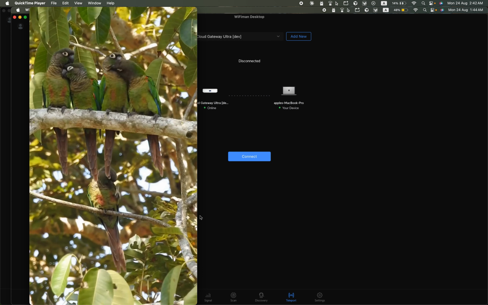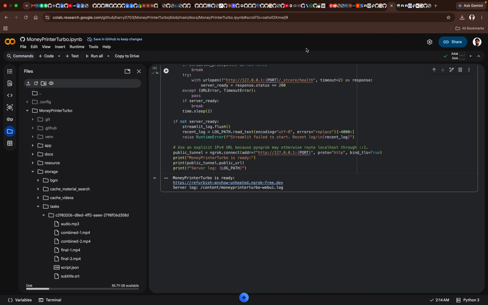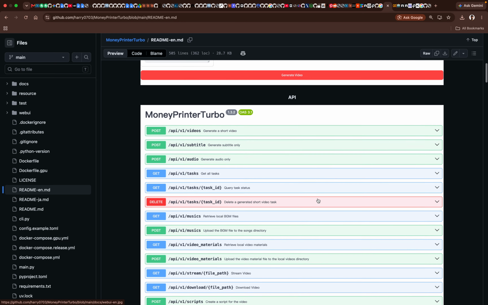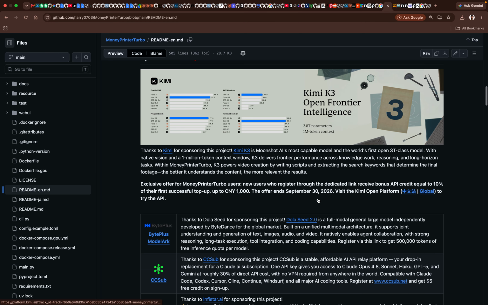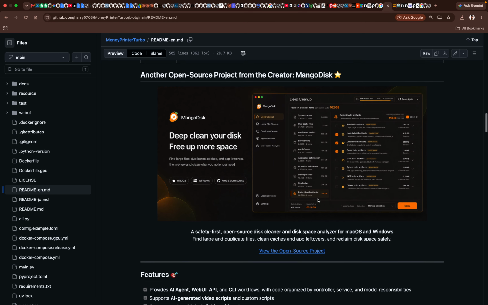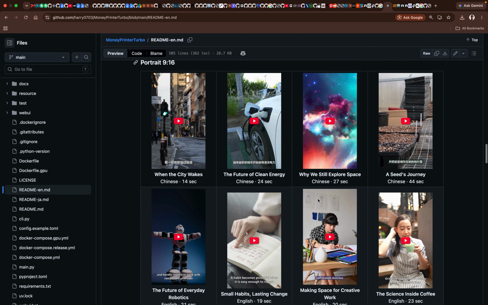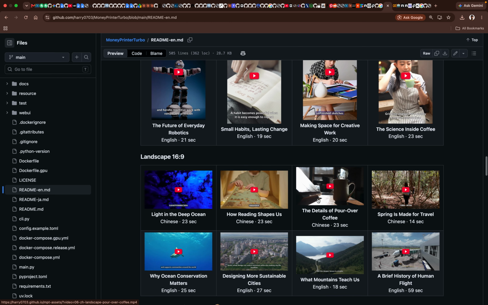And I'll try to automate the process by tweaking this repository to make it auto upload on different platforms like YouTube, TikTok, or Facebook. So it will be easier and everything will be on one single platform.